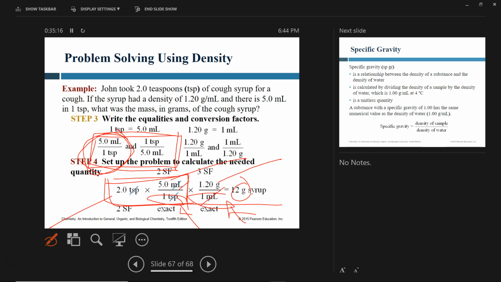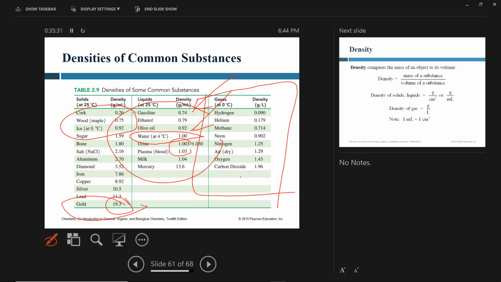Before we go any further, let me ask you another question. So here we're using density and volume to find the mass. Now, go to this table so I give you something kind of relevant. Let's say ethanol is 0.8.